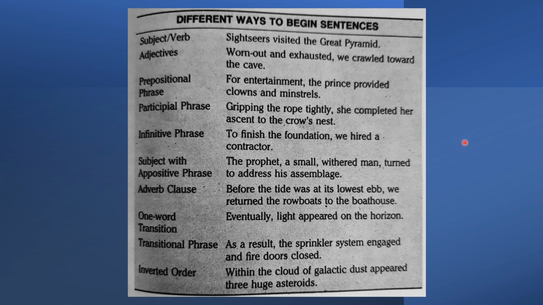Another way of achieving style is by means of using different sentence structures. There are many ways to begin sentences to help you achieve a lively sentence style. To achieve sentence variety, you should also think about using varied structures. Be careful, however, not to let too many words come between the subject and verb of your sentence.